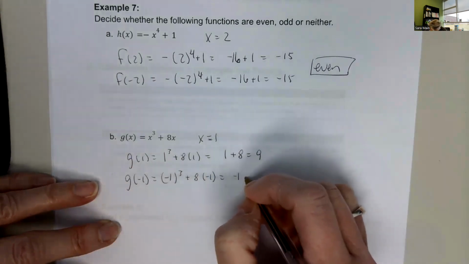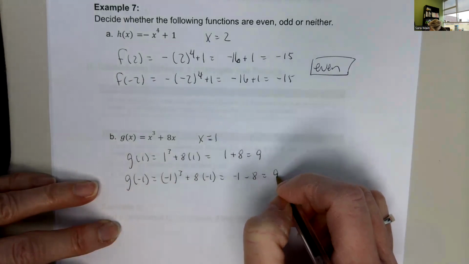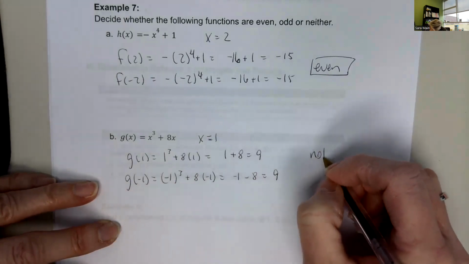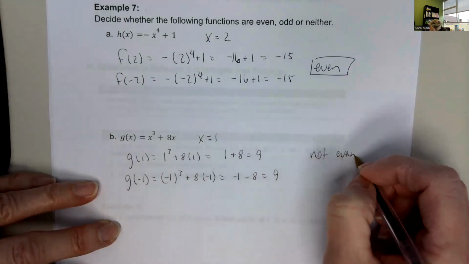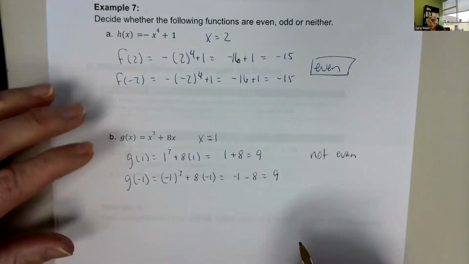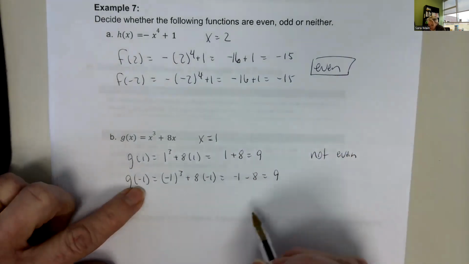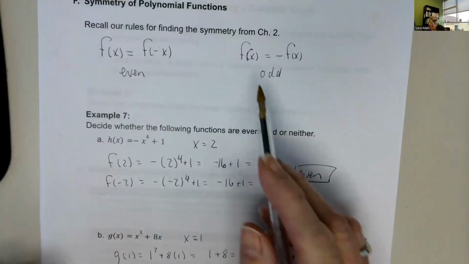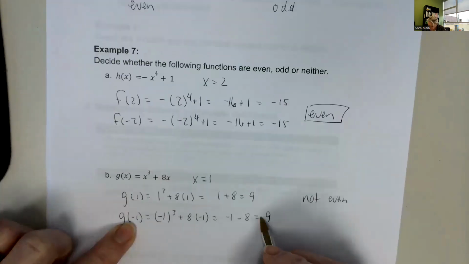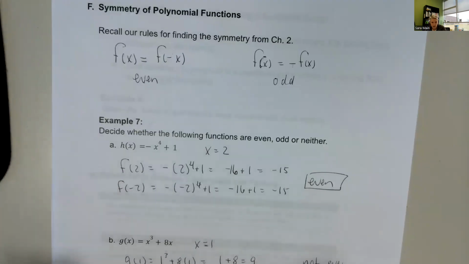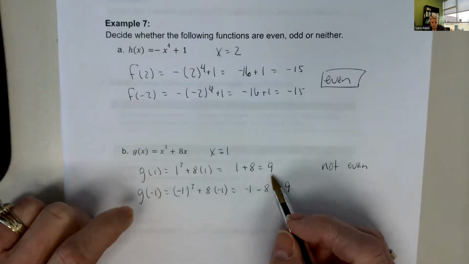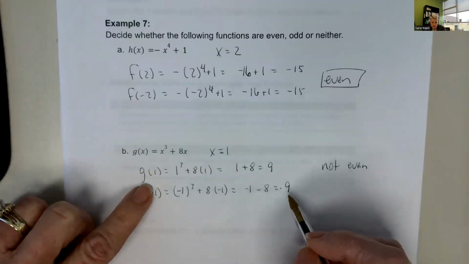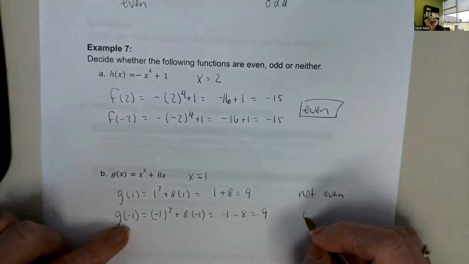So that's negative 1 minus 8, which is negative 9. So it's not even. Is g of negative x equal to the opposite of g of a positive x? Yes. And so it's odd.